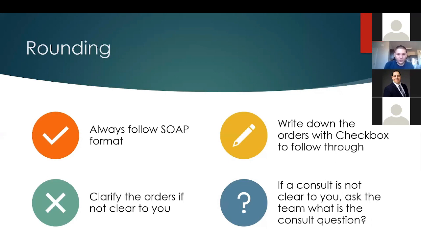Just make sure that you ask what the question will be that we are asking GI, and probably they will tell you, okay, we're concerned about obstructive jaundice, and they might need some intervention like ERCP, and then you will be more comfortable giving a call to the consult. So just be clear about the question that we are asking. We don't just call consults for no reason. We always have a question to ask. So just make sure that you know what the question is that we are asking.